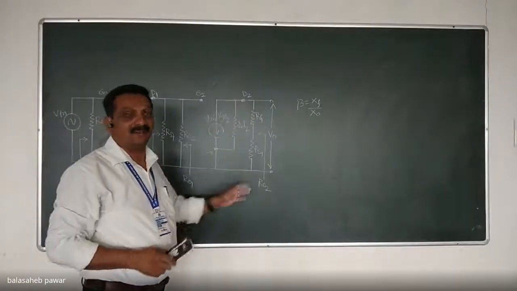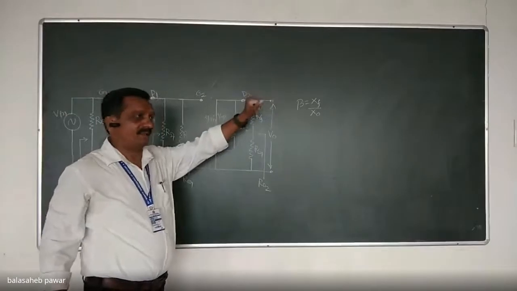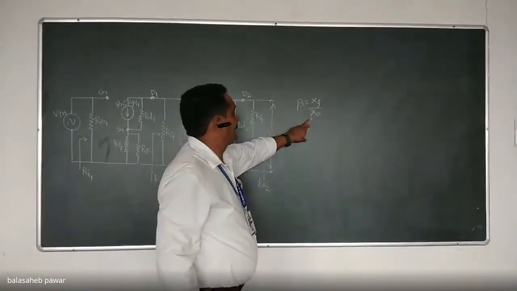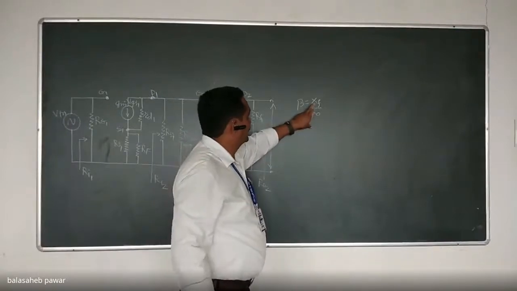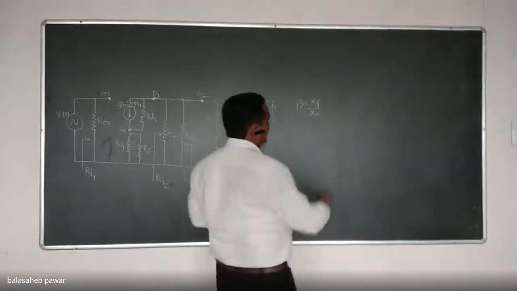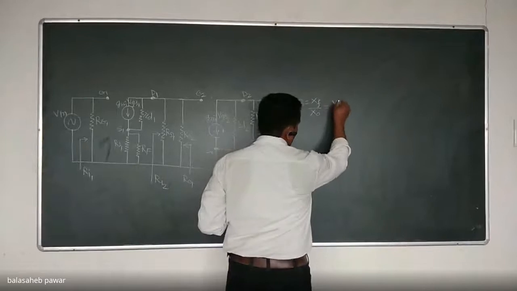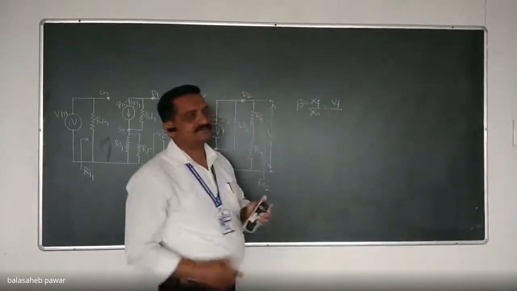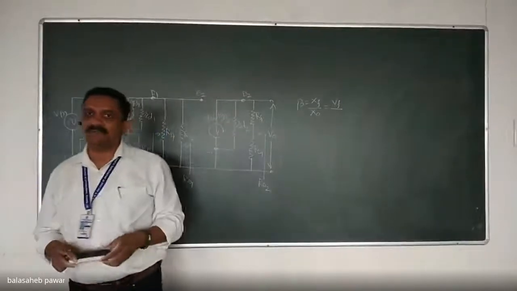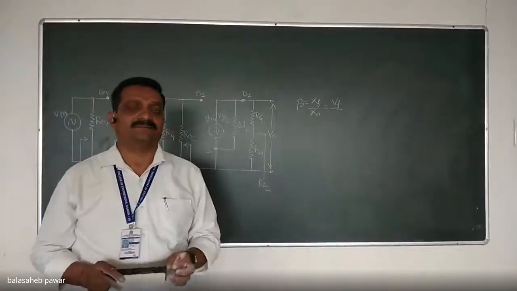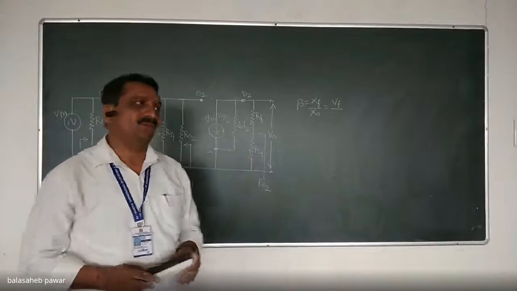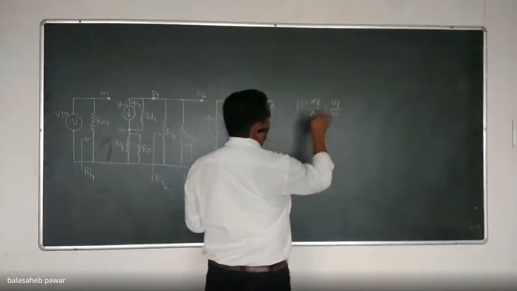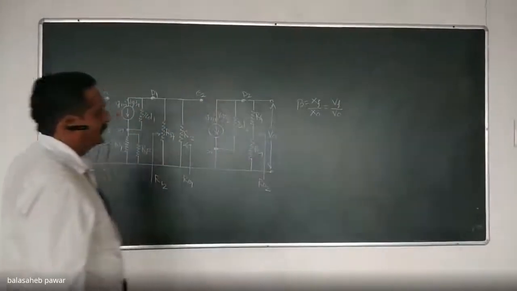The feedback network is connected to the output of that amplifier, and that's why its input is mentioned as XO. Okay. This XF is nothing but VF. What about XO? IO or VO? VO, because it is voltage type of sampling. So this is nothing but VF by VO.